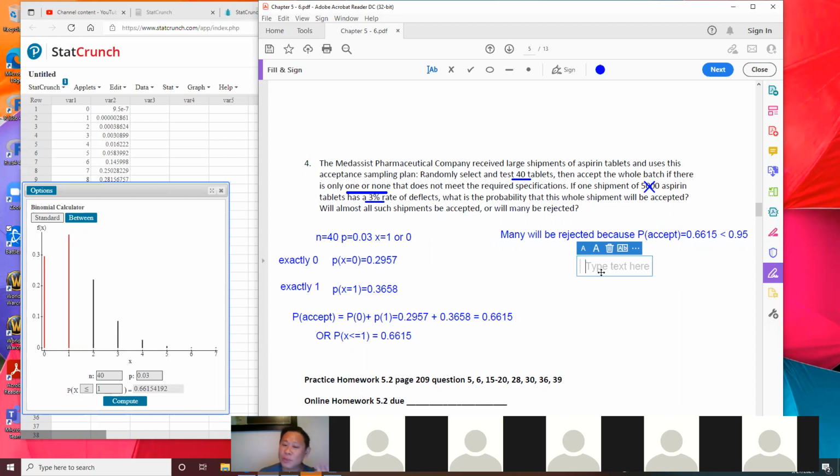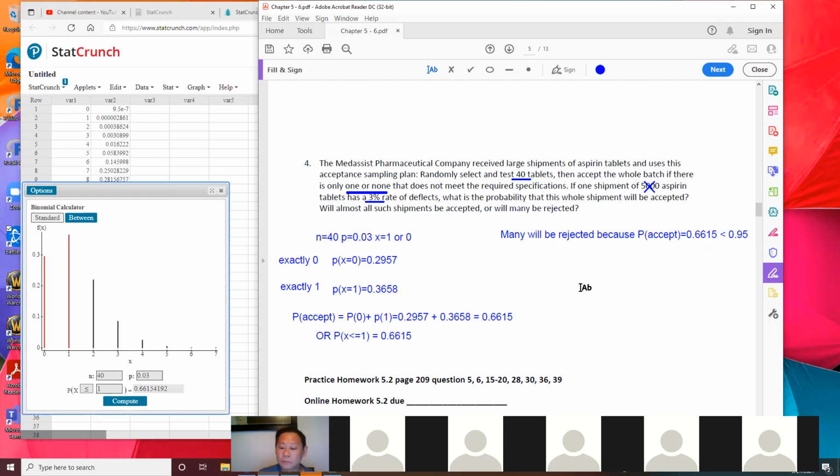Because we want accept, we don't want reject. You guys with me here? So in order for us to have accept, we want a big percent, and that percent is 95%, which comes from the 5% that we used, the opposite of it. So we always use the 95% for the good part, the accept part.